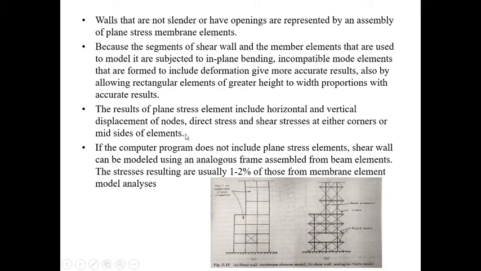Now the results of the plane stress elements will include horizontal and vertical displacement at the nodes. They will also have the direct stresses and shear stresses, either at the corners or the mid sides of the elements. And suppose you have a computer program that does not include plane stress elements, the shear wall can be modeled as an analogous frame assembled with beam elements.